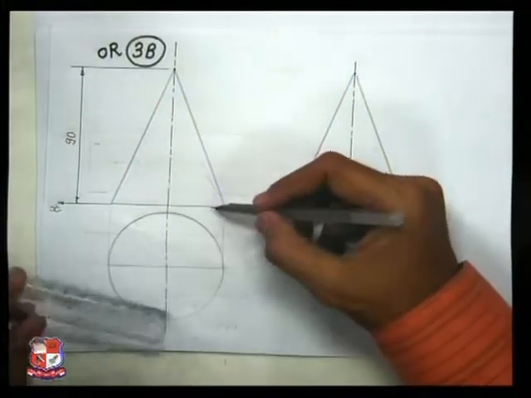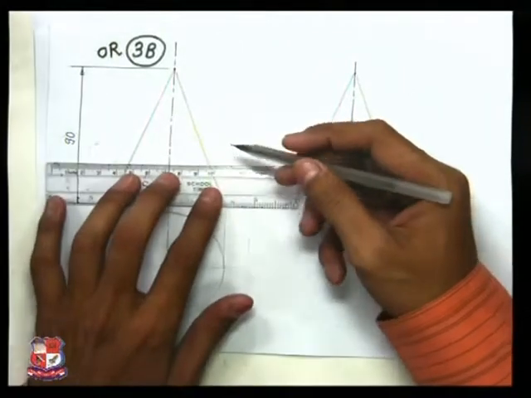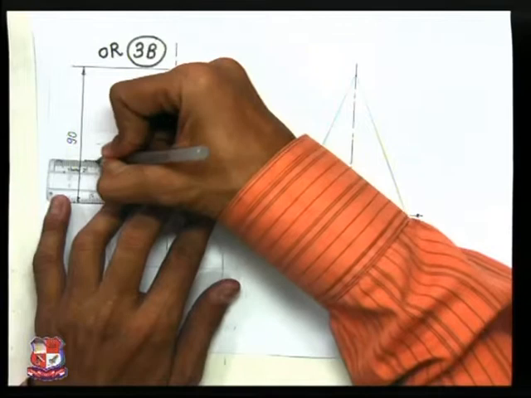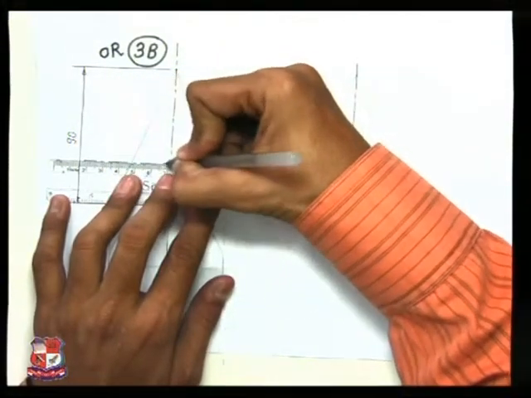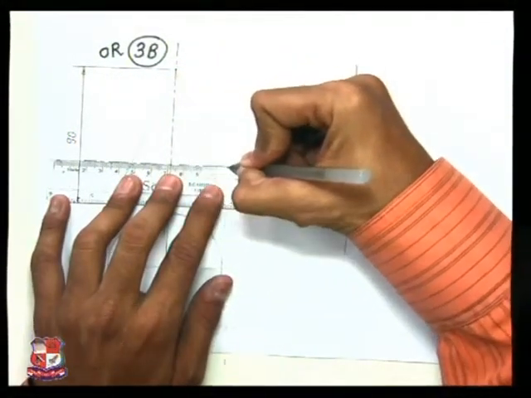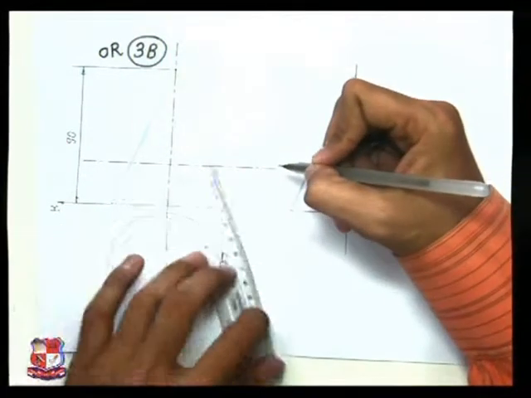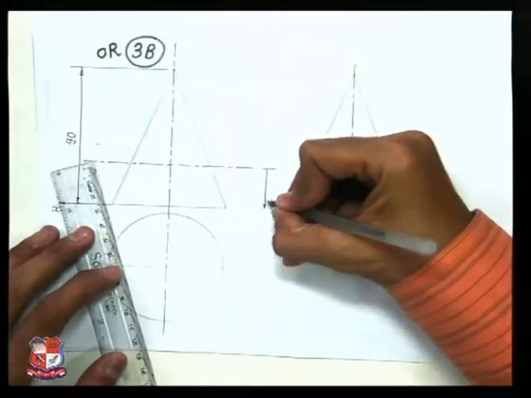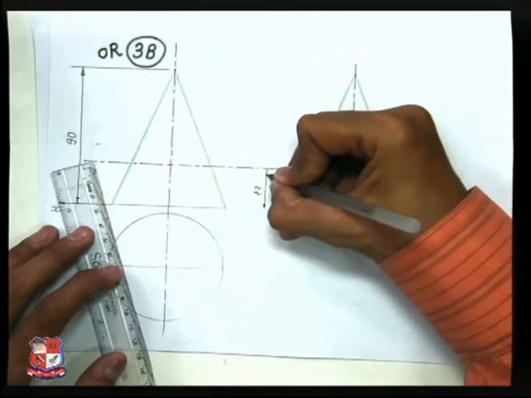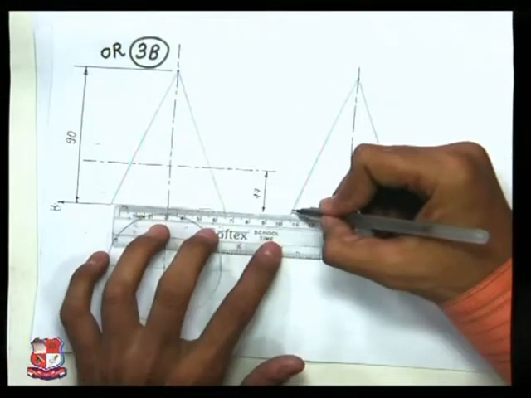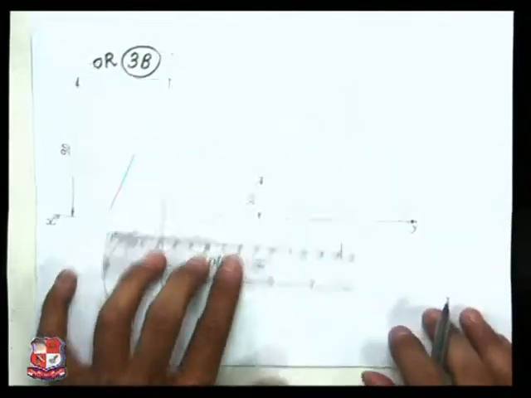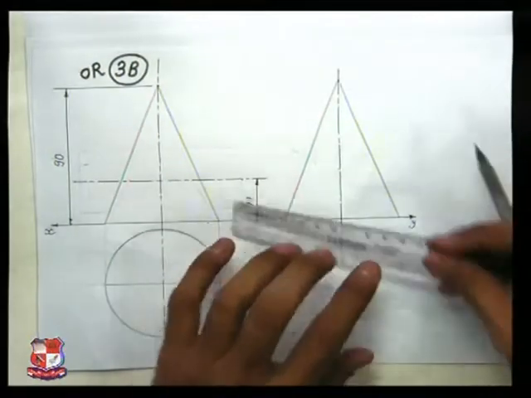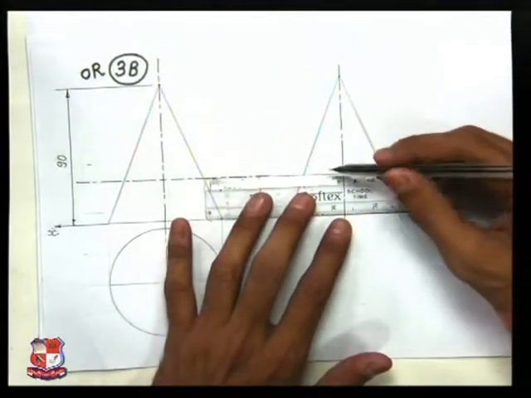So from this base at a distance of 27 millimeter, draw an axis like this, and this is the axis of the horizontal cylinder, because it is given in the data that this height is 27 millimeter. The axis of horizontal cylinder is 27 millimeter above the base, and translate this axis to this side also.